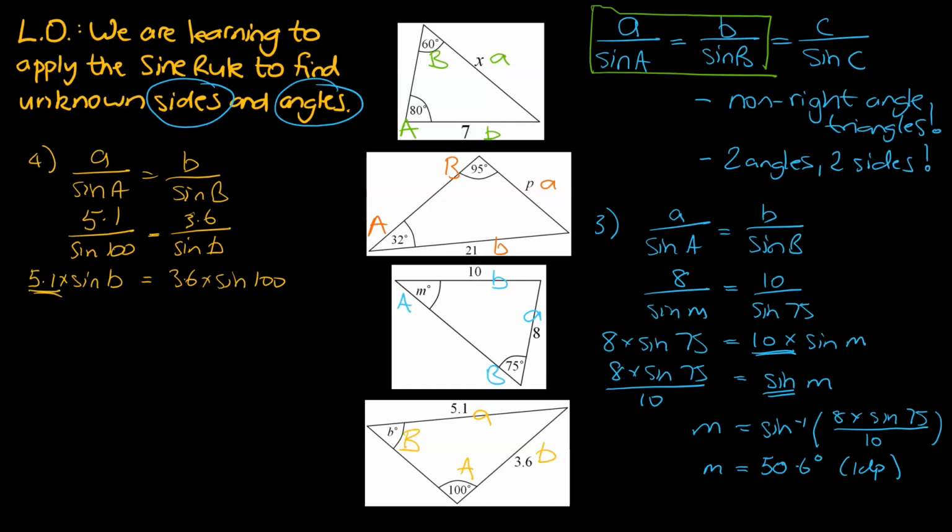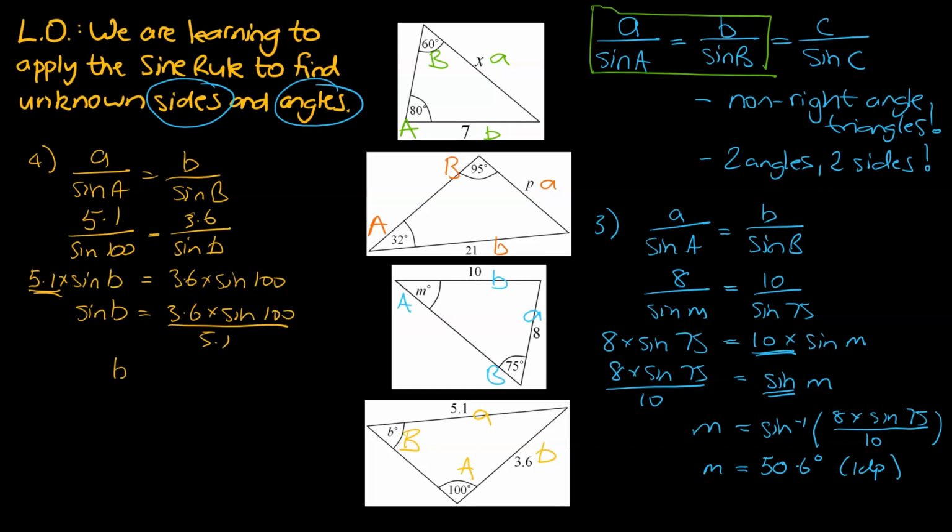We then are going to take the times 5.1 over to the other side. So that means sine little b will be equal to, sorry, 3.6 times sine 100 divided by 5.1.